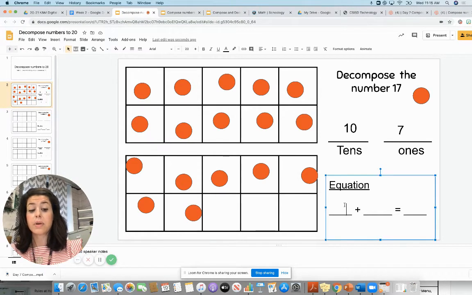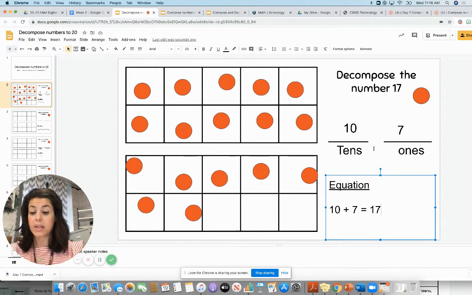Now if we look at our equation, how would I need to make that equation? I would need a 10, and I would add 7 to it, and I will get 17. So one group of 10 and 7 ones gets me 17. So 10 plus 7 equals 17.